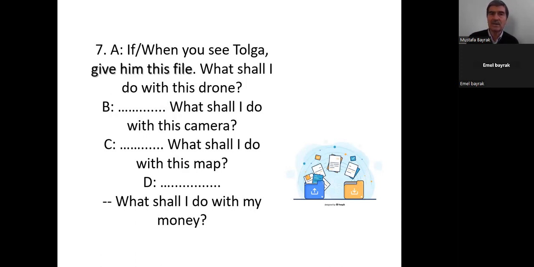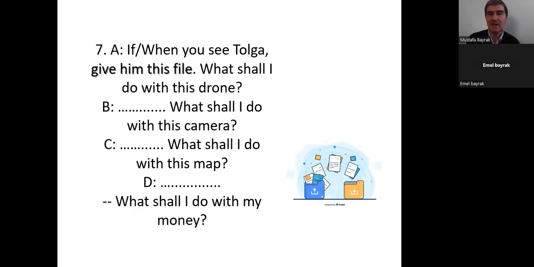What shall I do with this drone? If you see Marco, give him this drone. What shall I do with this camera? If you see my brother, give him this camera. What shall I do with this map?